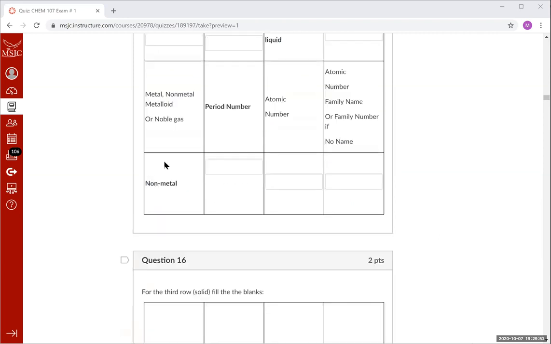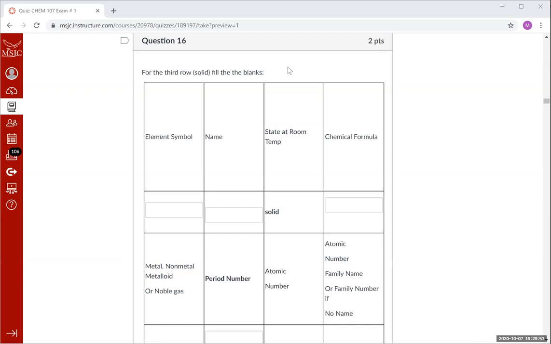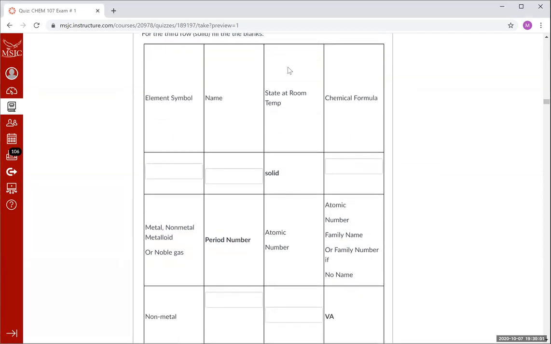So let's keep going and look at question 16. We're asked to fill in the following table, and we're given that we have a solid non-metal that is group 5A. Solid non-metal, group 5A.